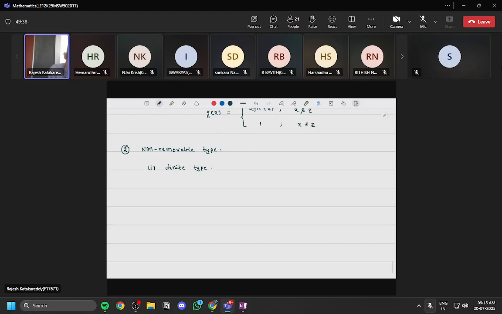So in this case, both LHL and RHL are finite values, but LHL is not equal to RHL, right?